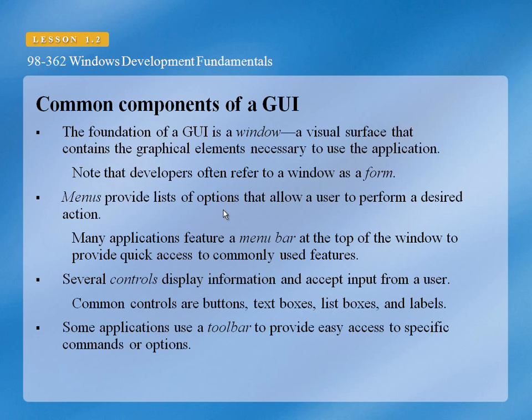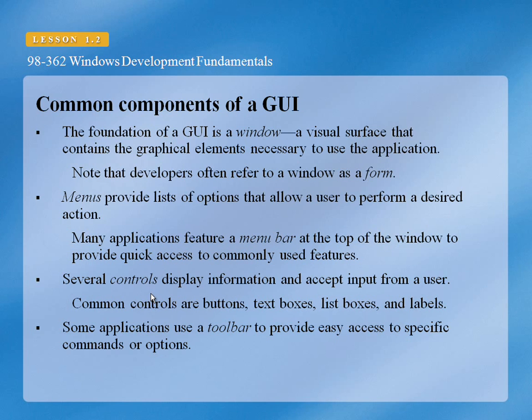Many applications provide a menu bar for quick access to commonly used features. Other common components are buttons, text boxes, list boxes and labels. Some applications use a toolbar to access specific commands or options.